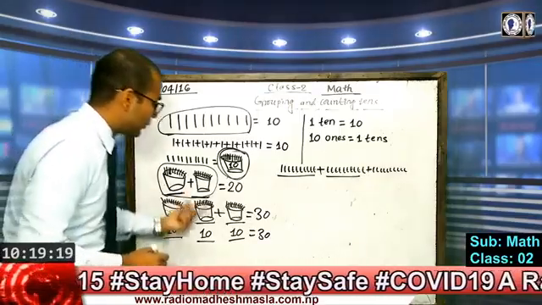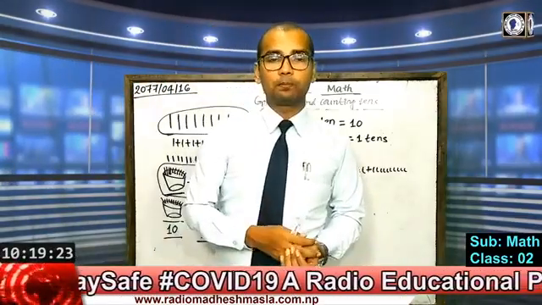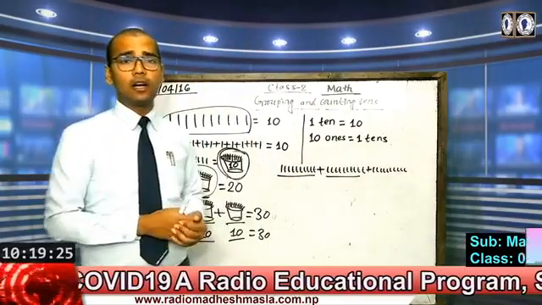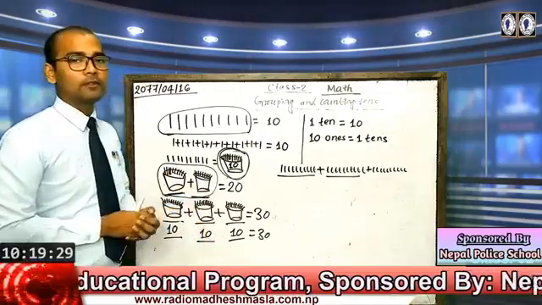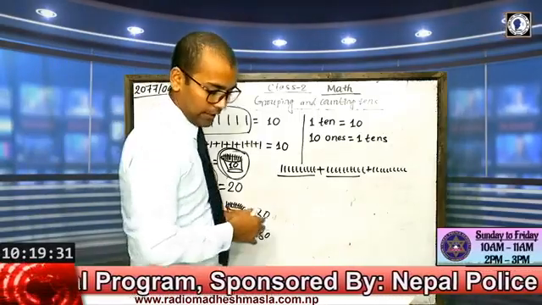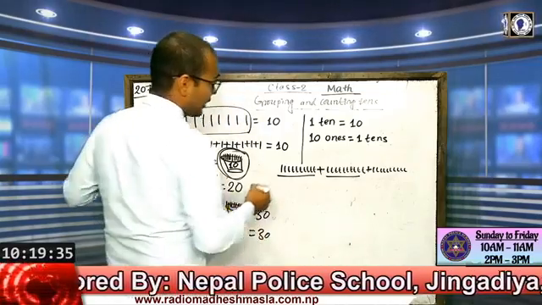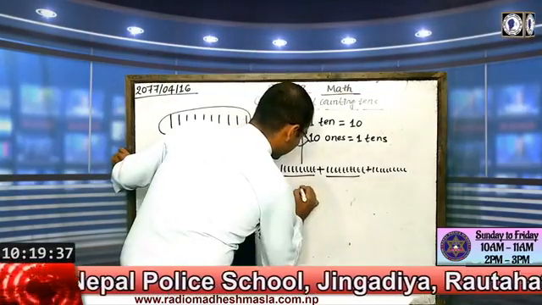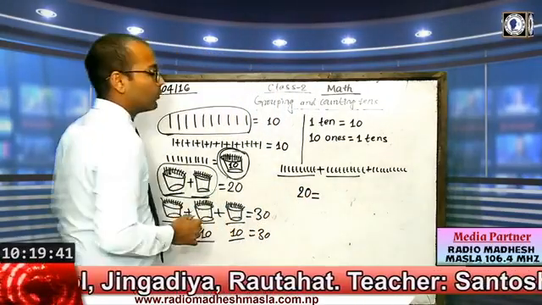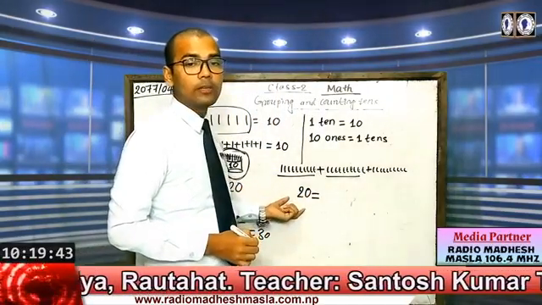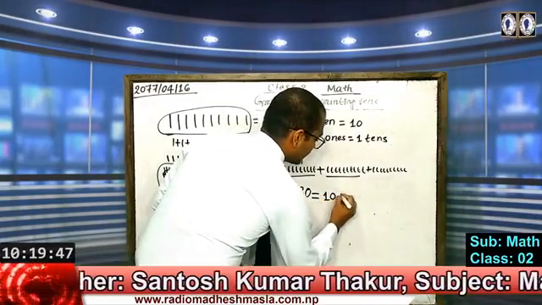In the same way, we can make a group of different tens or ones to get different types of numbers. Suppose we are given 20. 20 means 10 plus 10.